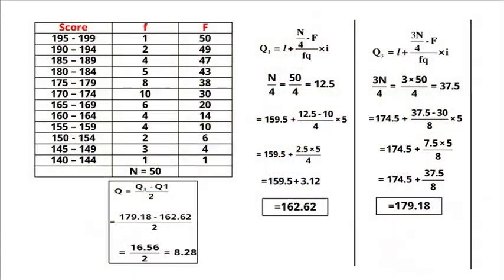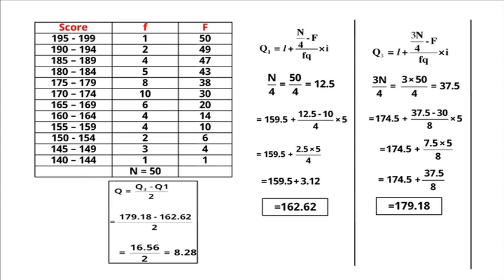Now, first of all, work out the cumulative frequencies. Cumulative means addition, and that addition will start from the group data which is lowest in value. This is 140 to 144. Now, it is only 1.